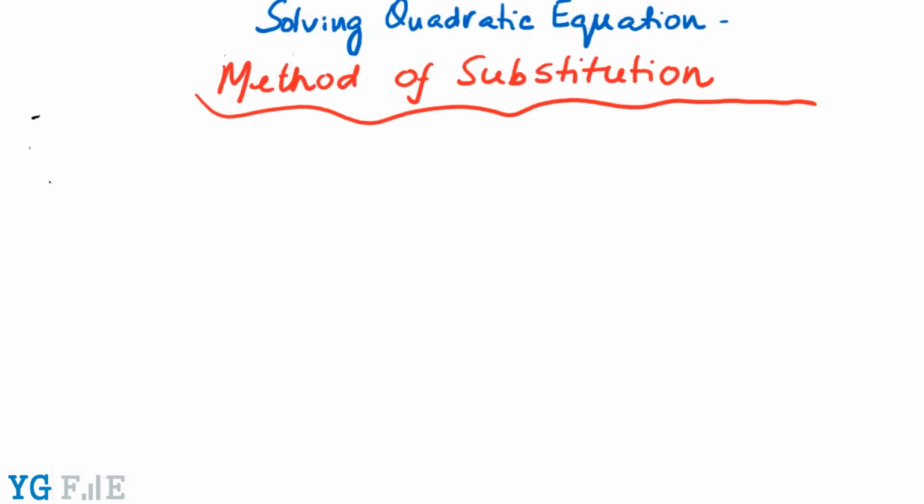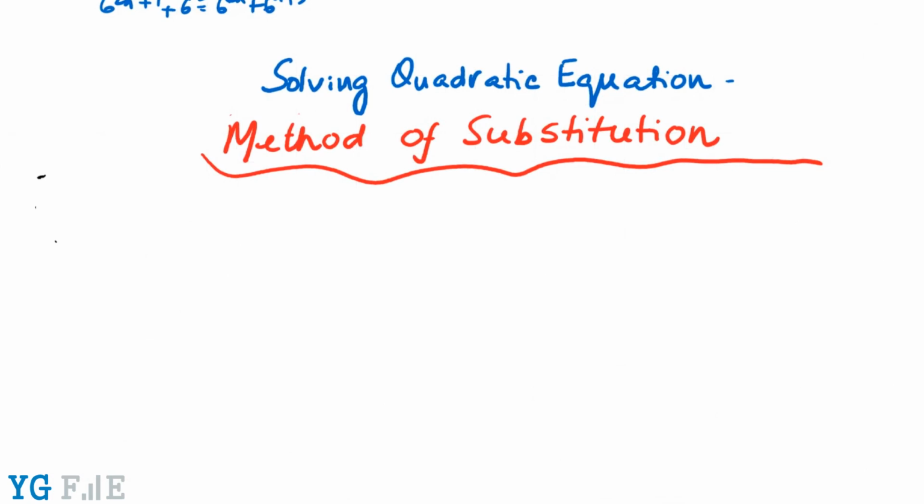So let us try to now take one more example which is a little bit complicated when it looks. So what we want to do is actually find out the value of this expression.